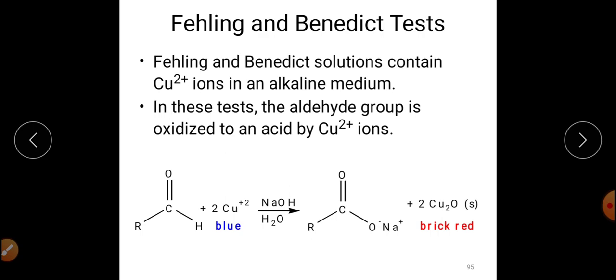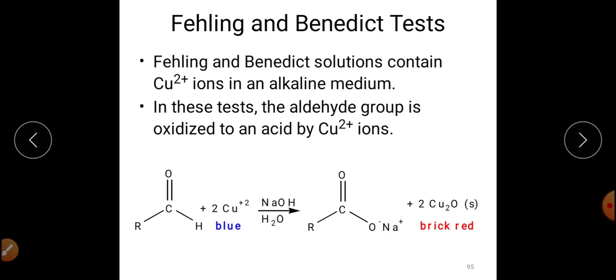There are two Fehling solutions, Fehling solution A and Fehling solution B. Fehling solution A is basically copper sulfate, and B is Rochelle salt, that is sodium potassium tartrate.